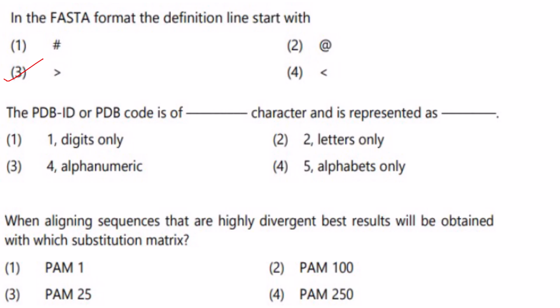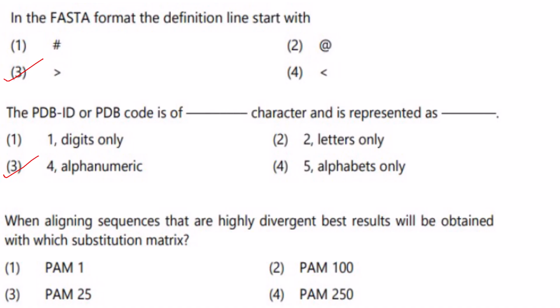The first character will be a digit from 1 to 9. The remaining 3 characters can be either a digit 0 to 9, or any uppercase letter, A to Z. So that is the PDB code. It is 4 characters and alphanumeric.